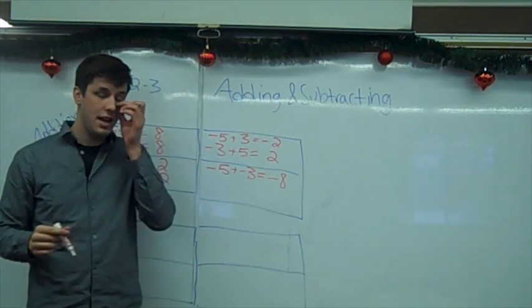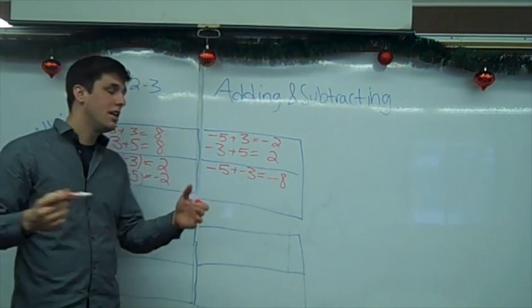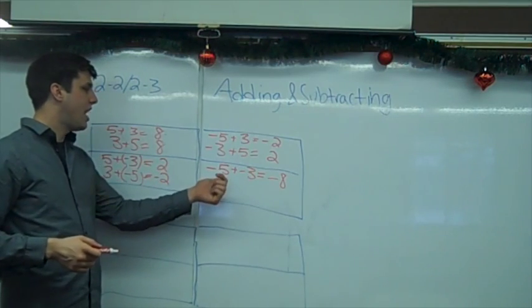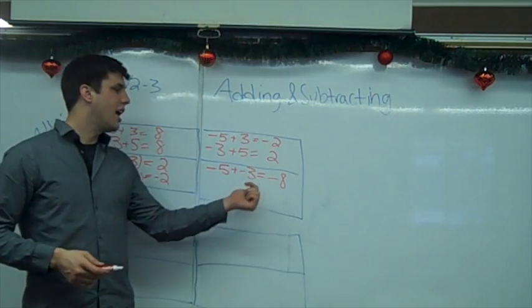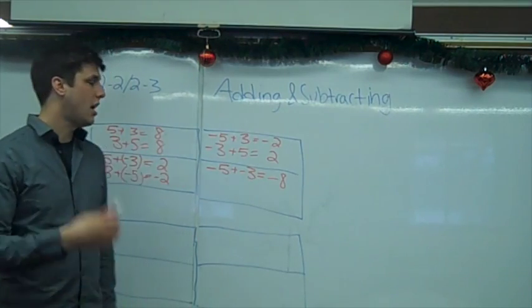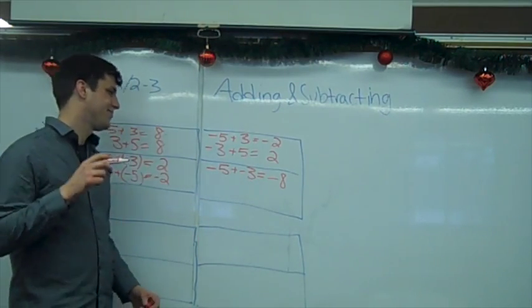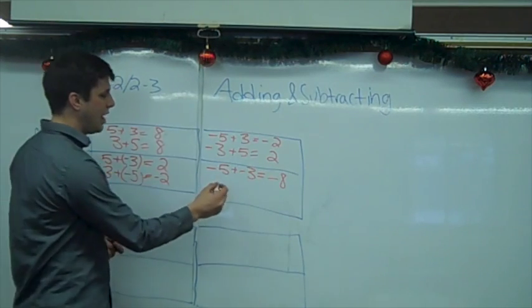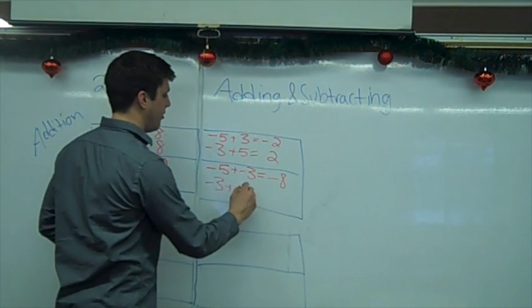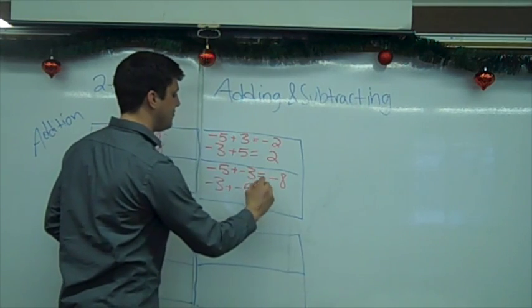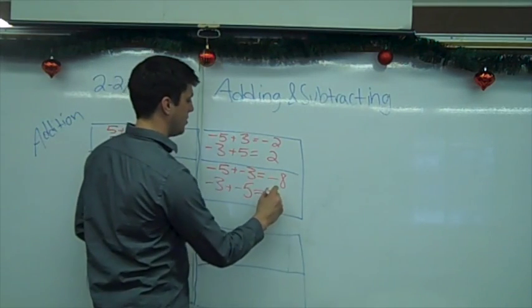Another way to think about it is in terms of money. If you are $5 in debt and you're $3 in debt, how many total dollars are you in debt? So the other way around, negative 3 plus negative 5 is going to do the same thing. That's going to equal negative 8.